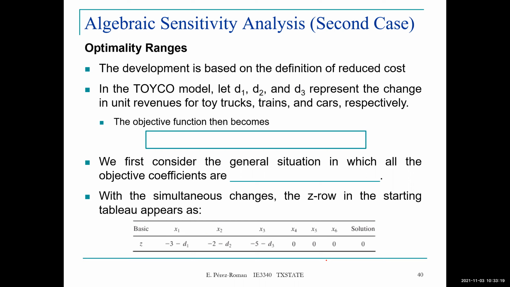The development is based on the definition of reduced cost. So in the Toyco model, let D1, D2, and D3 represent the change in unit revenues for toy trucks, trains, and cars respectively. The objective function then becomes the following. Let me write that down.